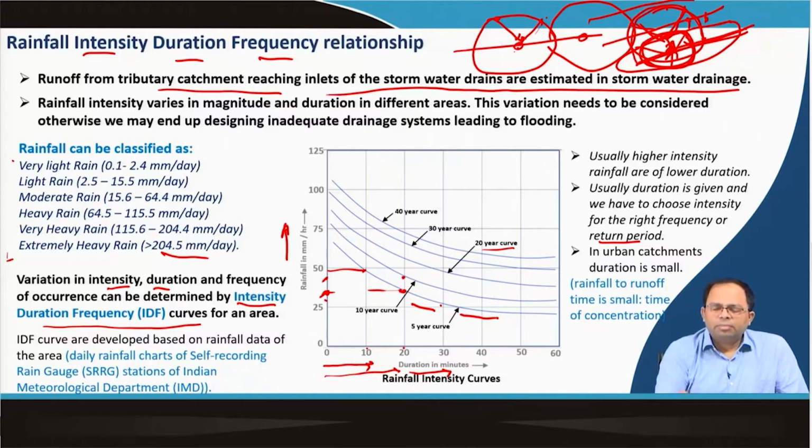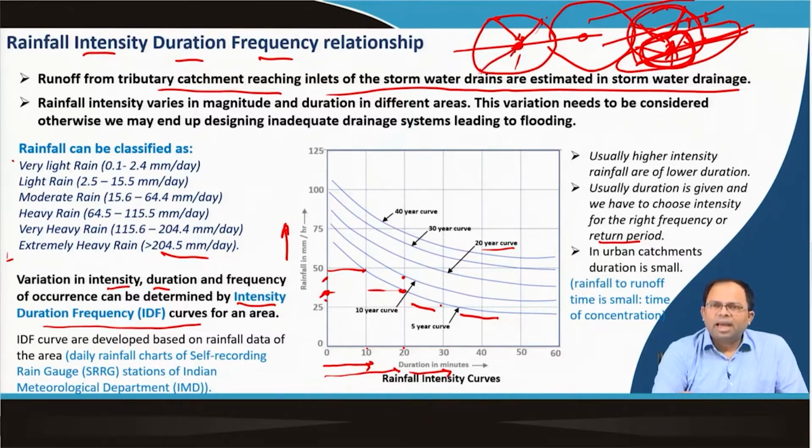So, whenever we are trying to determine the maximum intensity possible for a particular return period, we actually determine the travel time for the entire catchment to reach this particular point. We take the point which is furthest away and estimate the travel time.